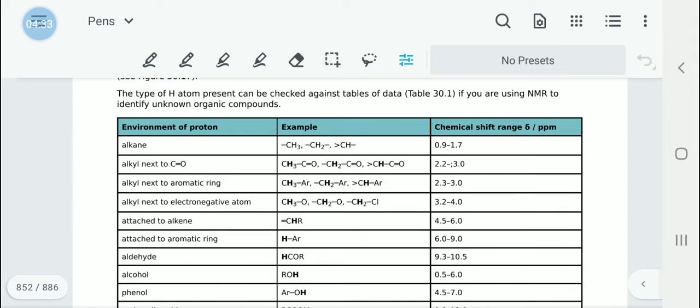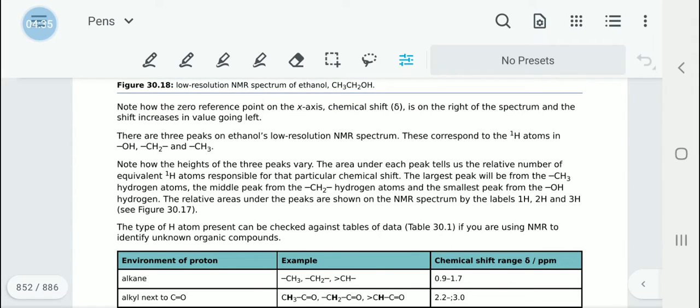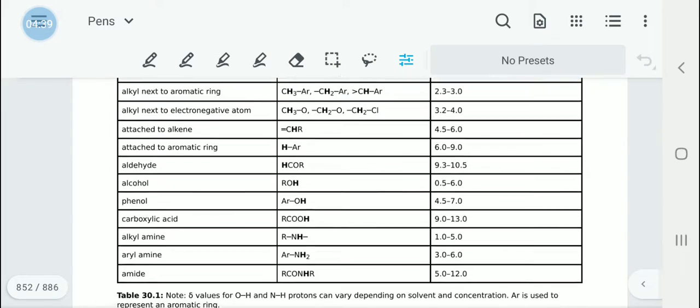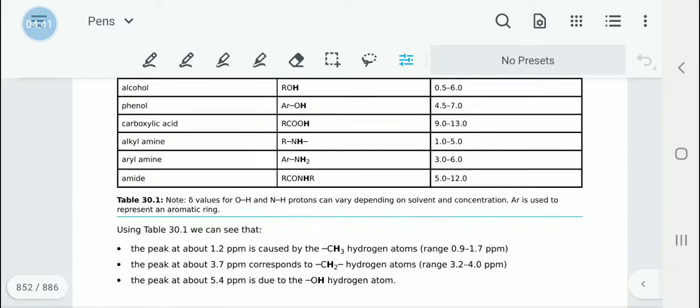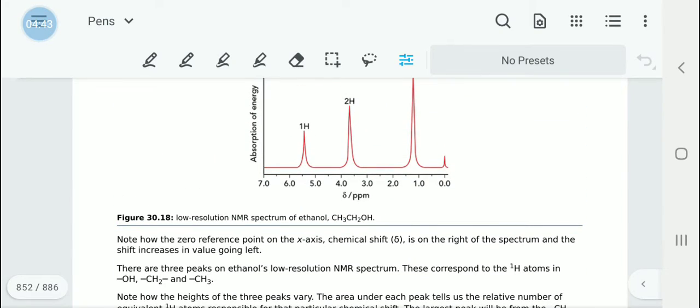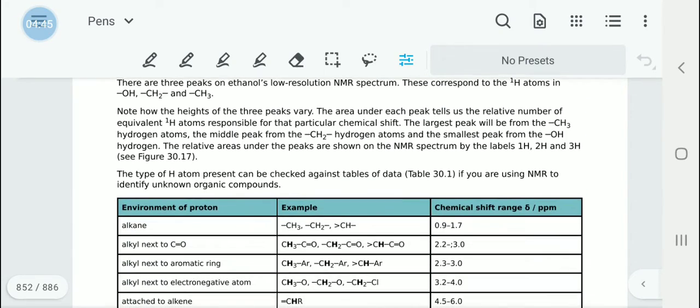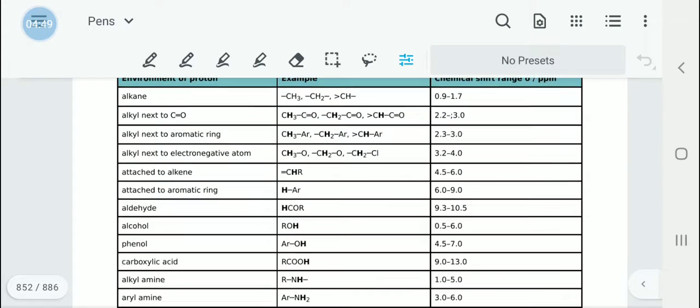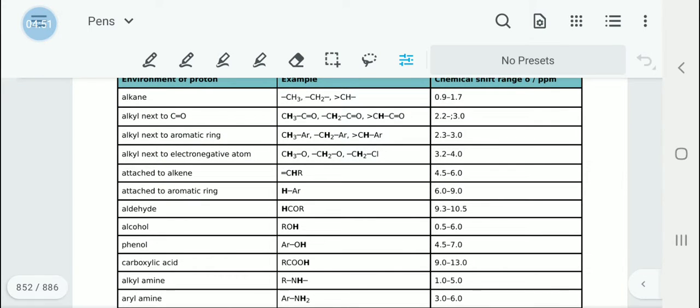Then the last one is the oxygen attached to a hydrogen. That range is between 6 and 5, somewhere around 5.4. That is OH, as you can see from the chart, 5.4.